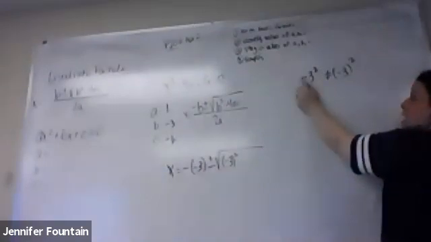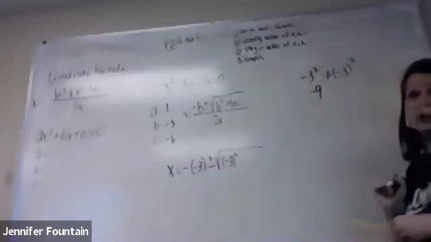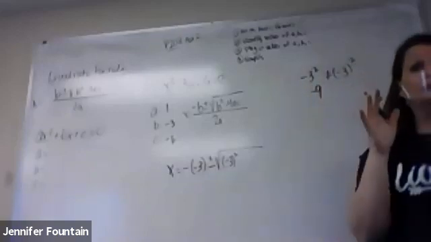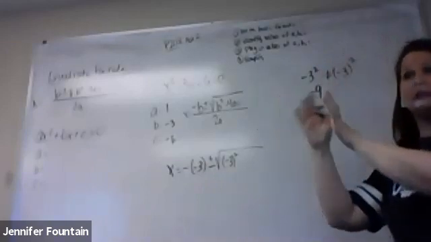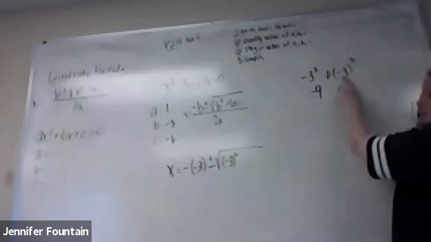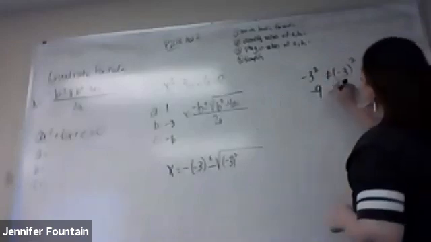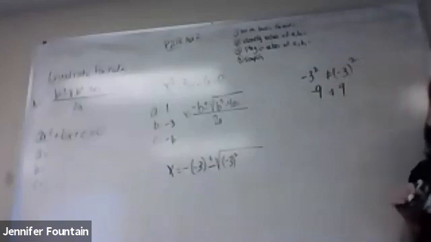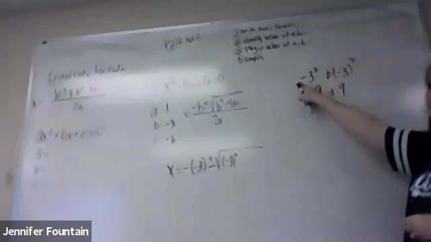What is the opposite of 3 squared? -9. Okay, so if it does not have parentheses, I do not include the negative in my calculation. If it is in parentheses, this is (-3) squared, which means I've got -3 times -3, which is what? +9.